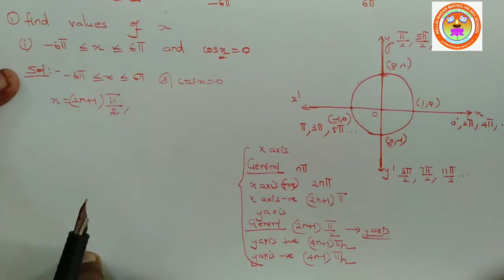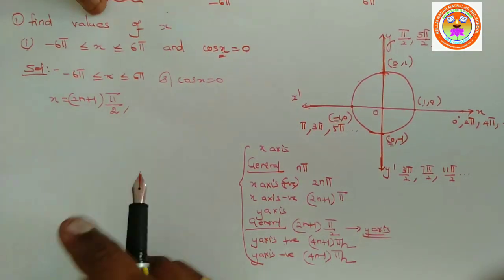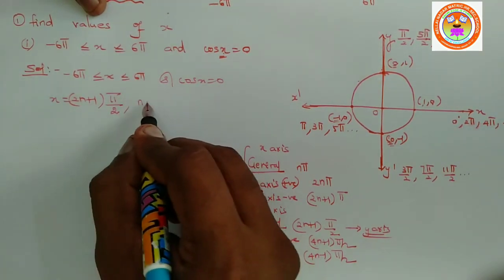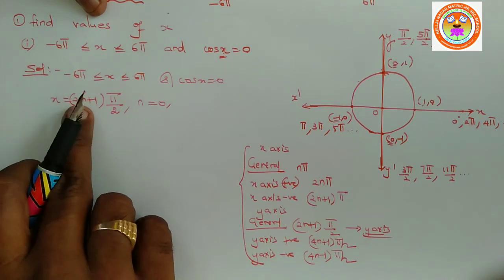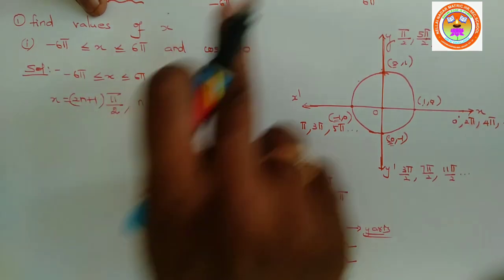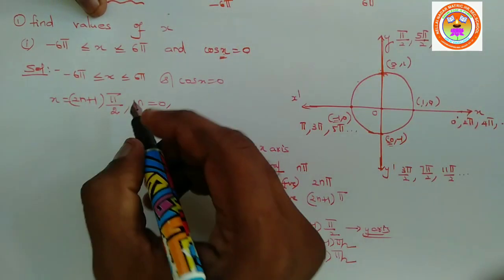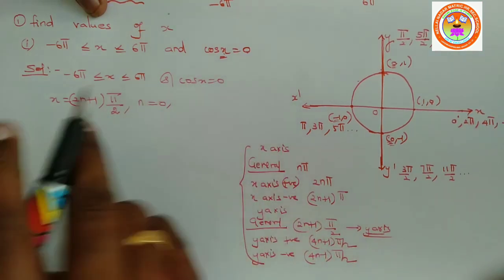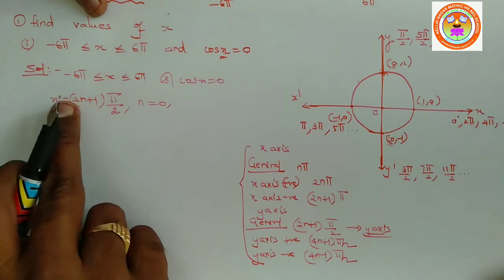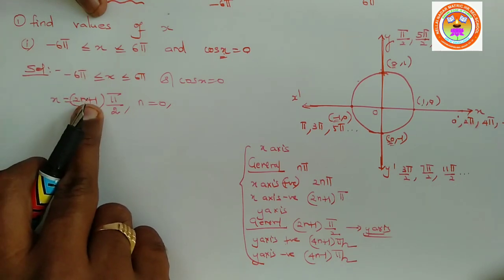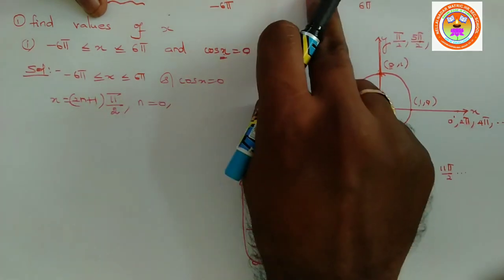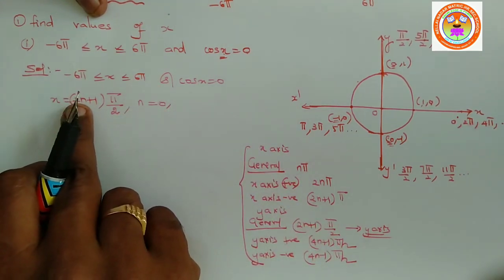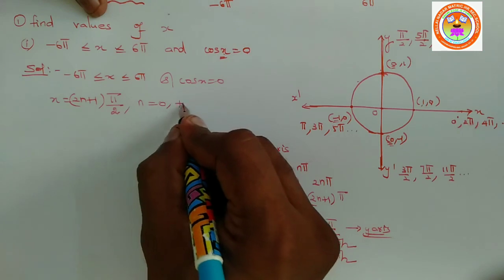If I take n equal to 0, 2 into 0, 0 plus 1, 1 into pi by 2 is pi by 2, which lies between minus 6 pi and plus 6 pi, no problem. Next, if I take n equal to 1, 2 into 1 is 2, 2 plus 1, 3 pi by 2, which is 270 degrees, this also lies. If I take minus 1, 2 into minus 1 is minus 2, this also lies. So plus or minus 1 also lies.